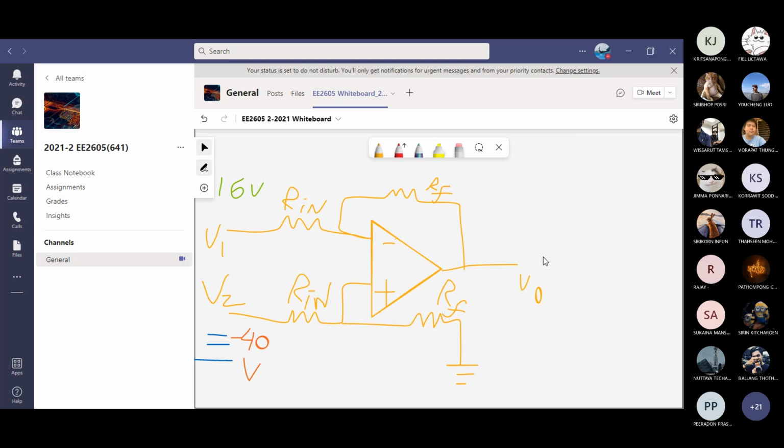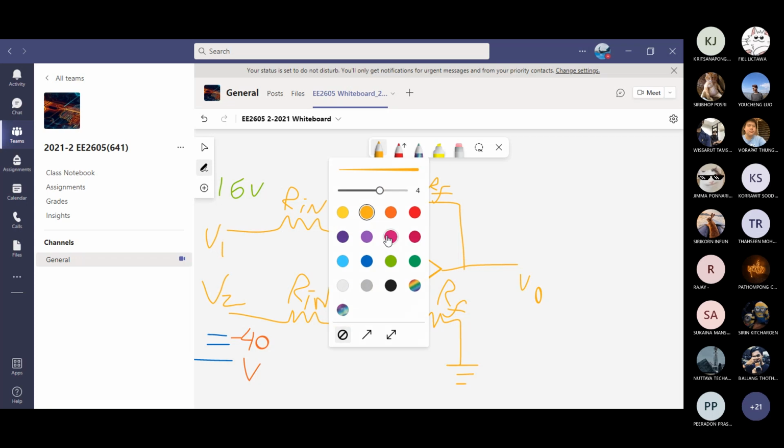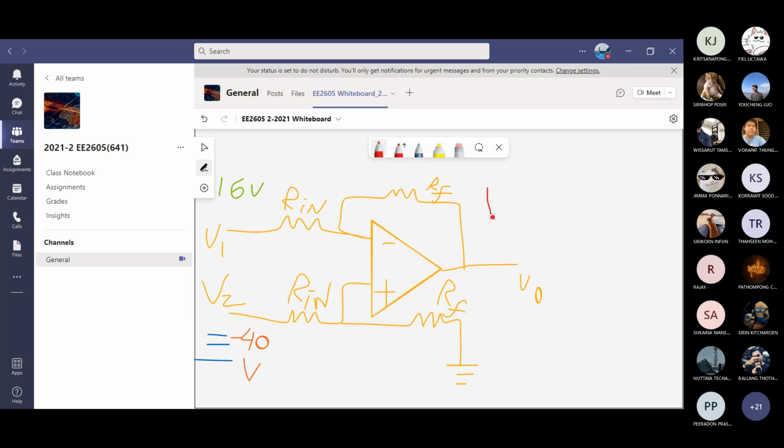Because one is the plus pin, one is the minus pin. If you have a double-ended input like this, for the case of output, you have to consider the differential voltage. Vd equals V plus minus V minus. This is operating in differential mode, not common mode.